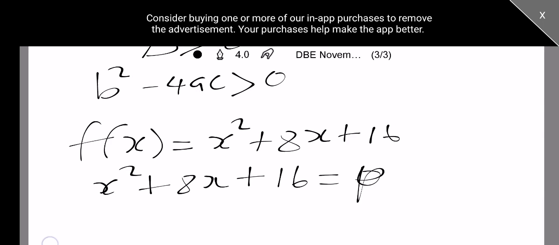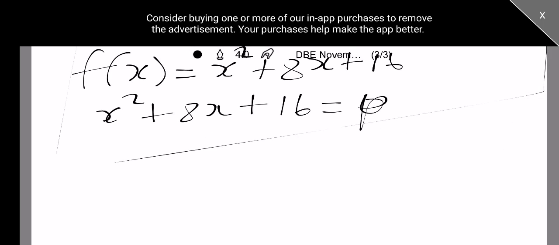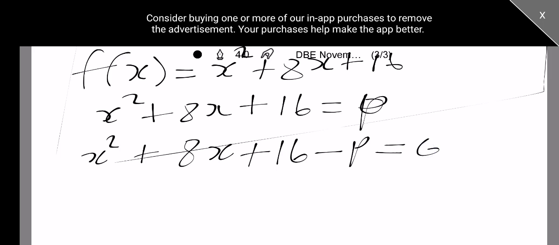Now to use this rule, to apply this, it's gotta be in standard form. This has to be in standard form. Now it's not yet in standard form because it's not equals to 0. Now we've got to take p to the other side, so it's going to be x squared plus 8x plus 16 minus p equals 0.